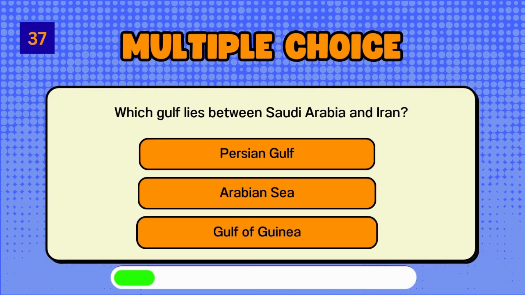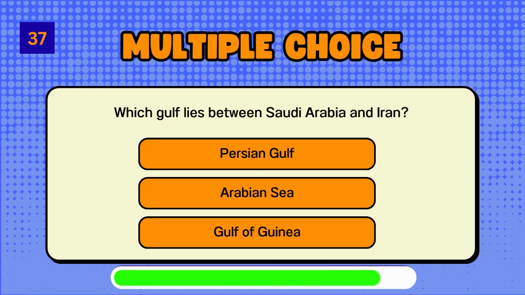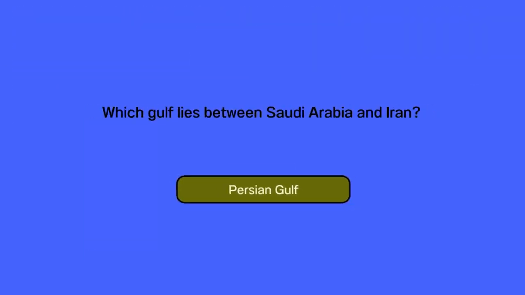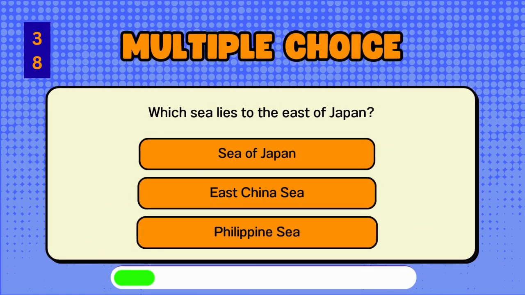Which gulf lies between Saudi Arabia and Iran? Which sea lies to the east of Japan?